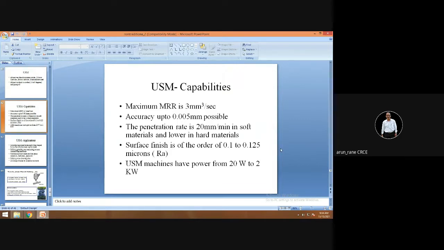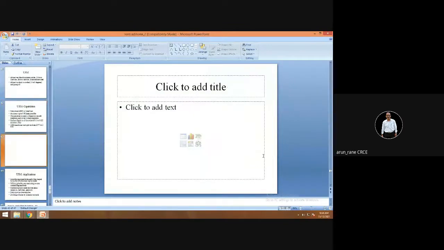Surface finish is in the range of 0.1 to 0.125 Ra. The power requirement for ultrasonic machines is around 20 watts to 2 kilowatts. So that's not very high.